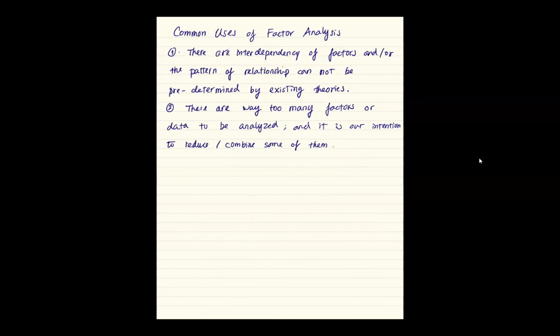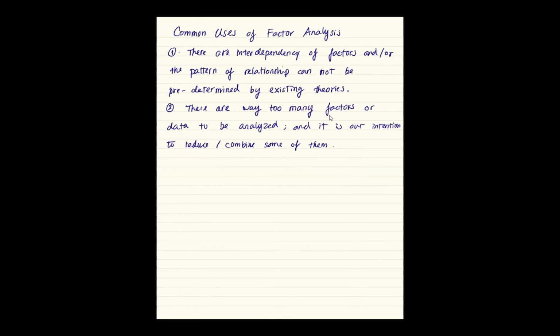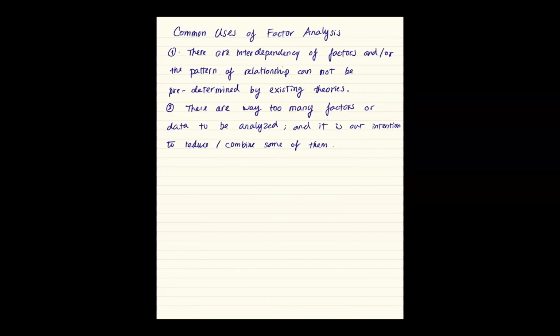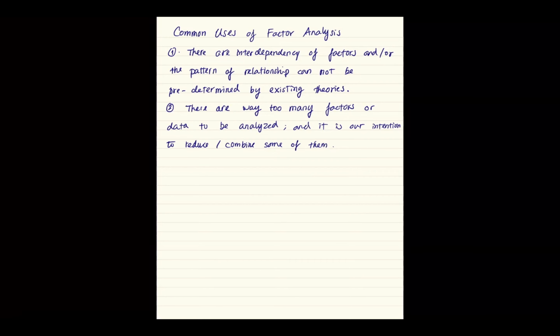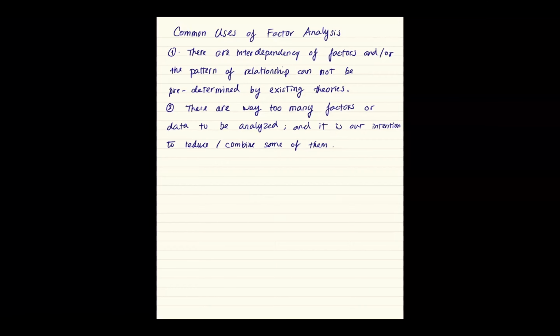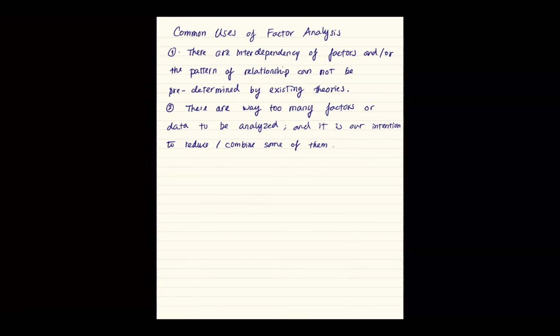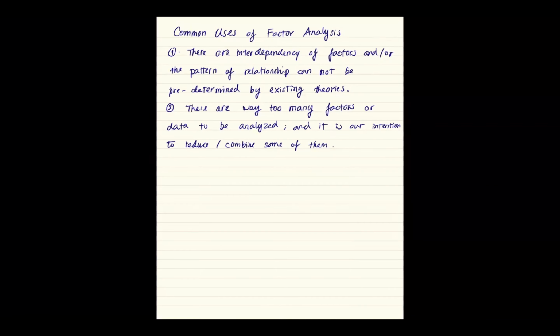If your intention is that there are way too many factors or data to be analyzed, and you want to reduce or combine some of them, then factor analysis is a very powerful tool for you to select, and even rank all the factors to see which one is more important and which one is less important. Okay?